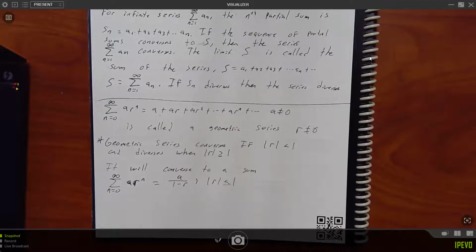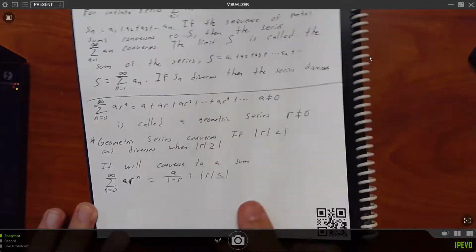I know that's a lot of definitions. You guys cool on this page?